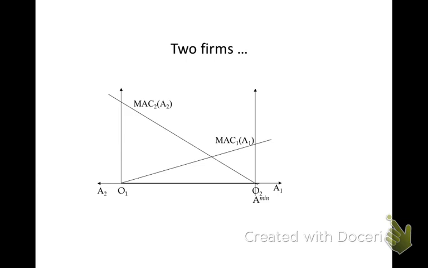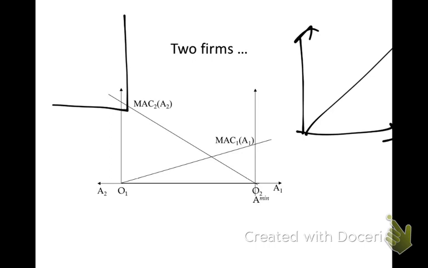And so we can draw the marginal abatement cost of the second firm. It's only a graphical trick. We can draw the picture either in this direction or in this other direction. Okay?